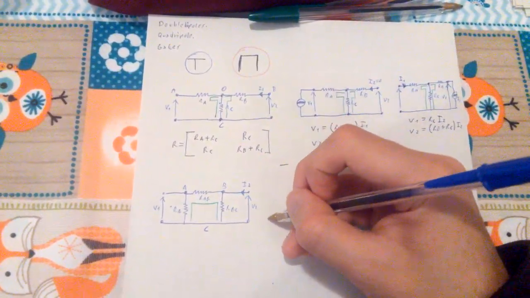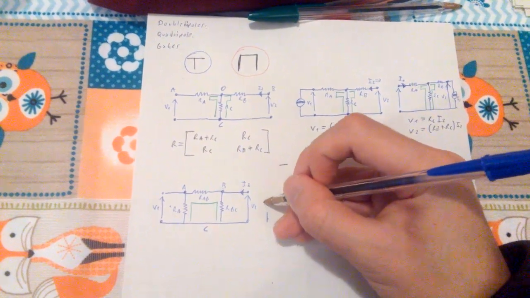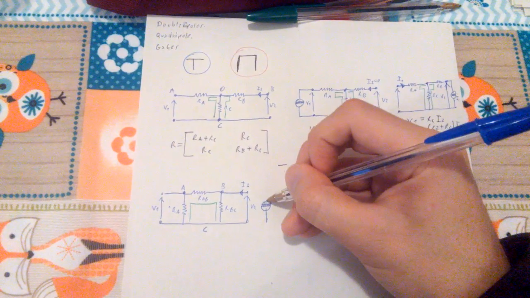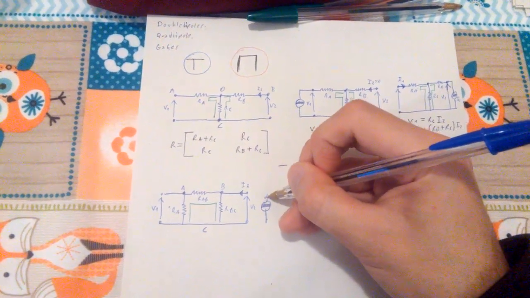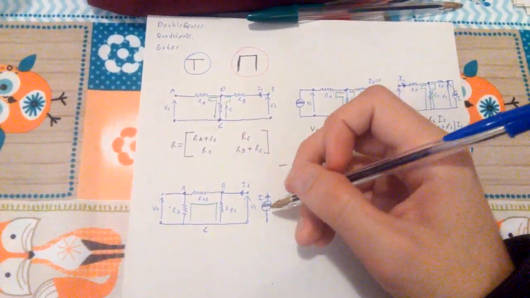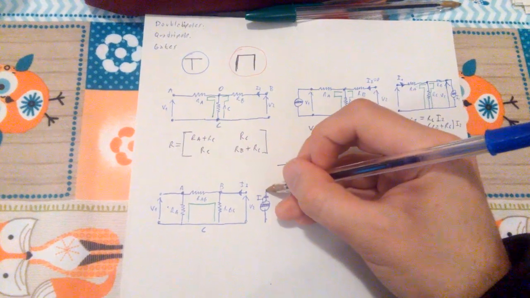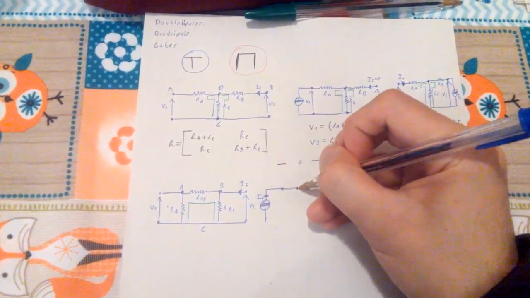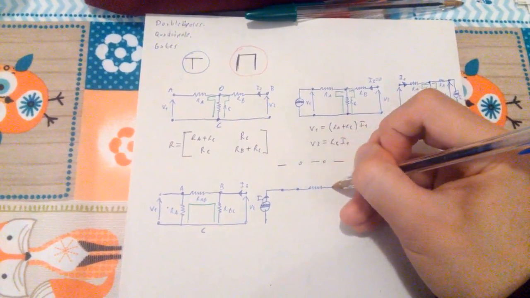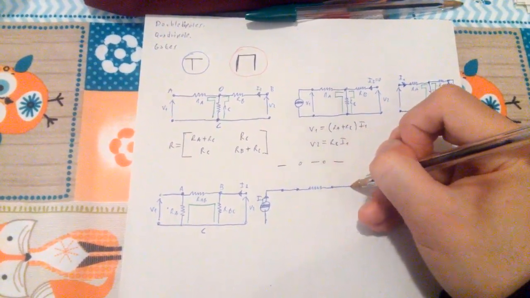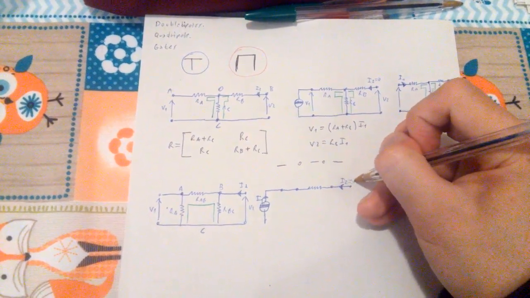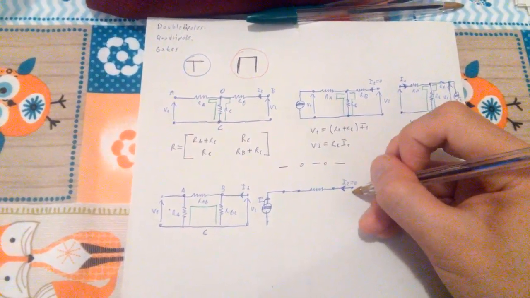Same goes for this other circuit. With these, which I'm going to define as I1, the resistance all the way to here, with I2 equal to 0, just like before.